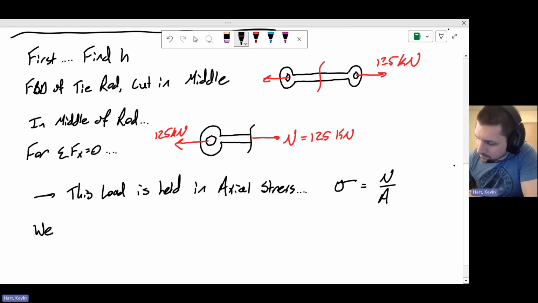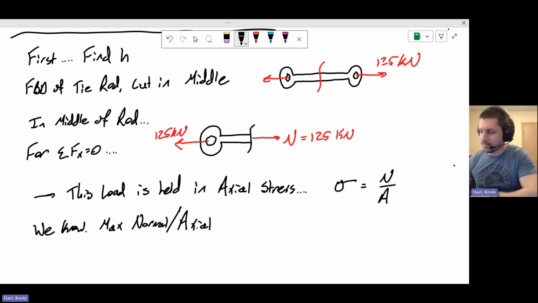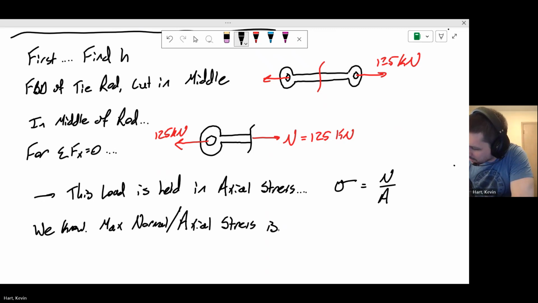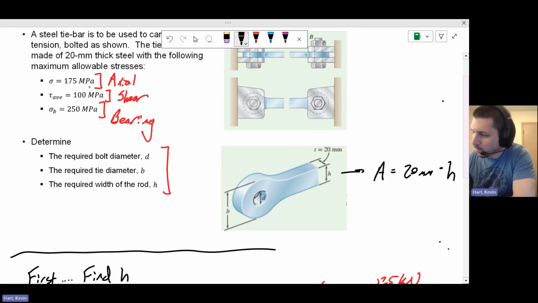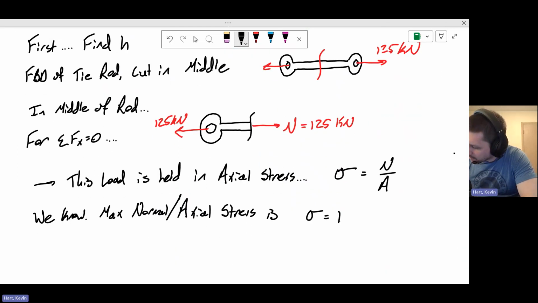But we know that max normal stress, or what I'll call the normal or axial stress, they're kind of an interchangeable name there, is given to me in the problem up above as 175 MPa. It's the maximum allowable axial stress for this piece.